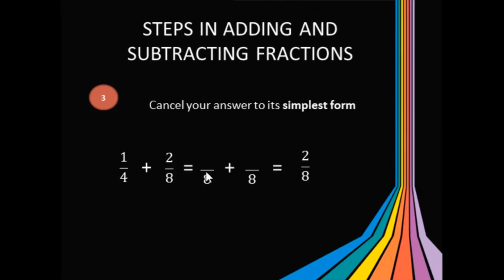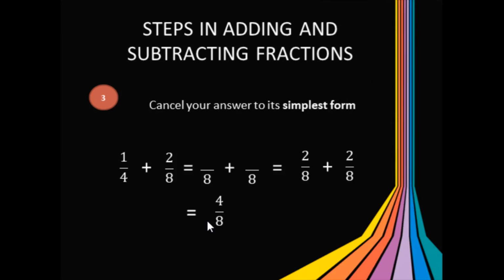Plus 8 divided by 8, 1 times 2, we get 2 8ths. Now, our denominators are the same already, so we can add. Right? So, 2 plus 2. We get, okay, very good, 4 8ths.